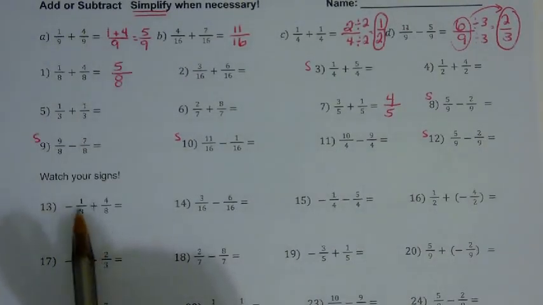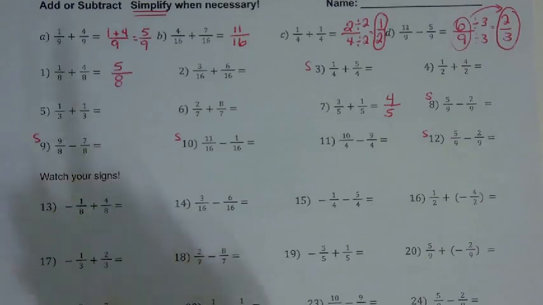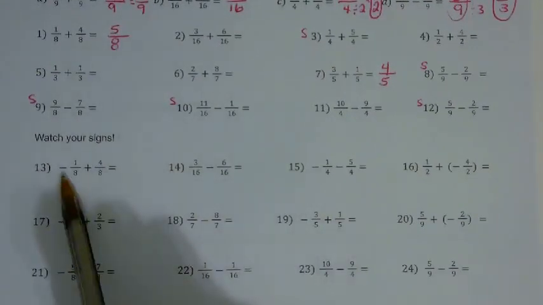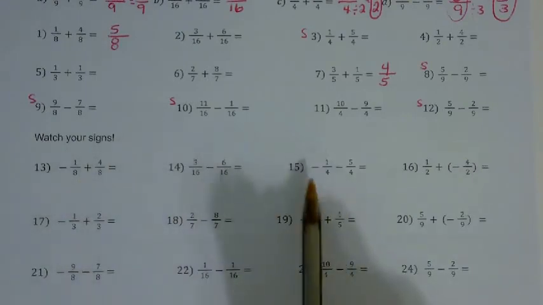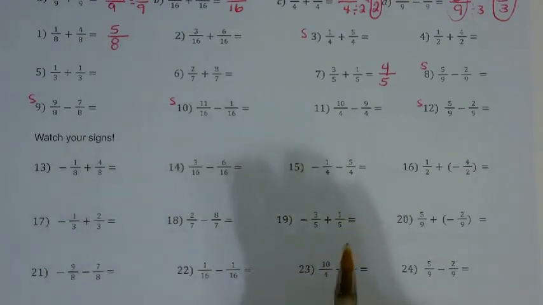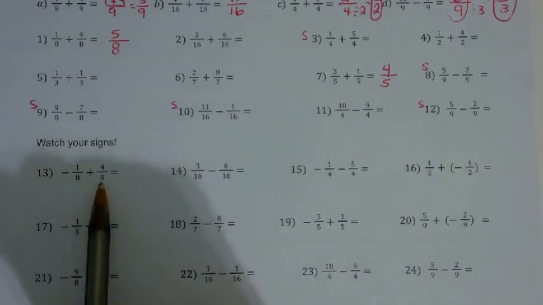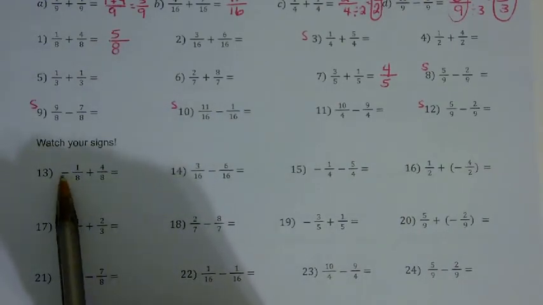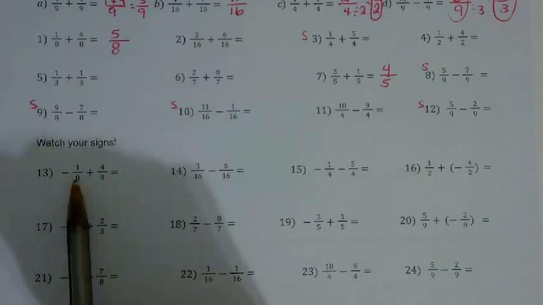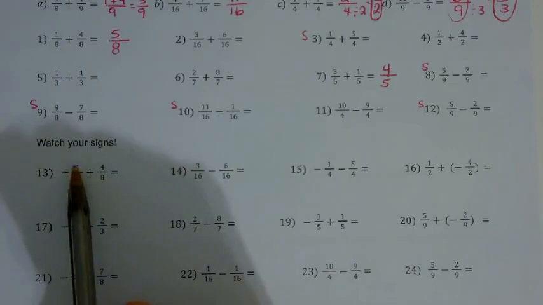Now we're going to do the same thing here, but we have to be careful because we have integers, which means we have some negative numbers. And so in class I told you that we want the denominators to be the same. So you're not going to take this negative and put it on the number below. You're going to take this negative and put it on the number on top.